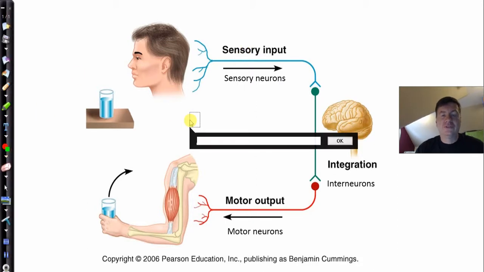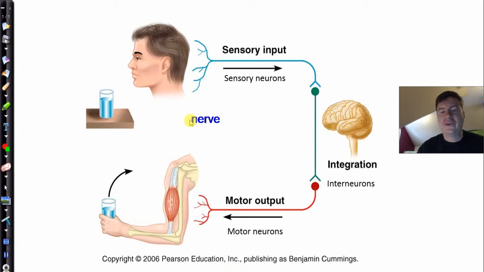Now, we'll introduce this term here that you've heard of, nerve. What is a nerve? A nerve is going to be a collection or a bundle of neurons that carry information either to or from, or in some cases mixed, in a single connective tissue wrapping. Now that sounds like I'm contradicting myself because I thought we just said impulses only travel in one direction.